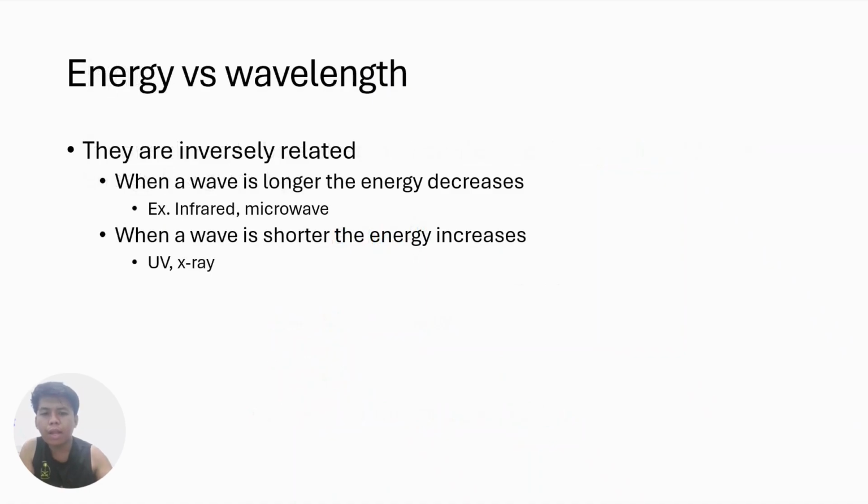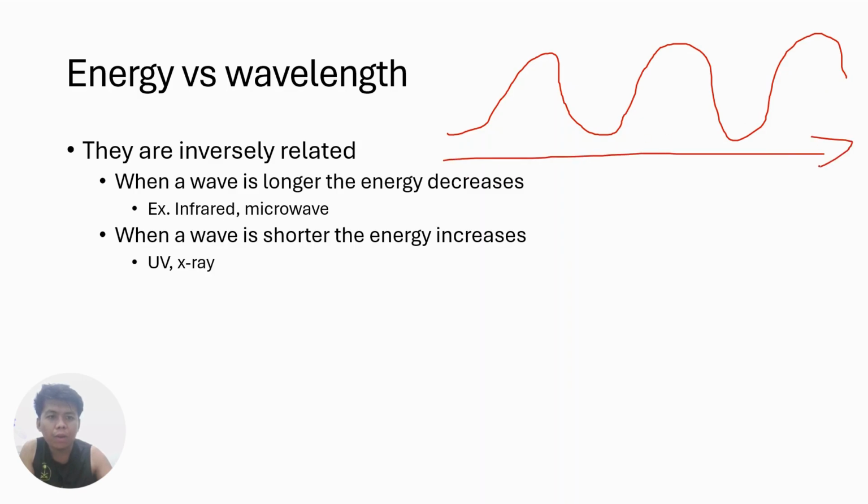Lastly, we have energy versus wavelength. They are inversely related. When a wave is longer, the energy decreases. As the wavelength increases, it covers a greater distance, but there is low energy.